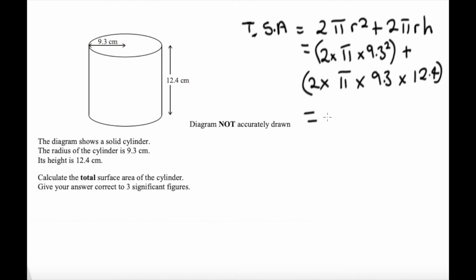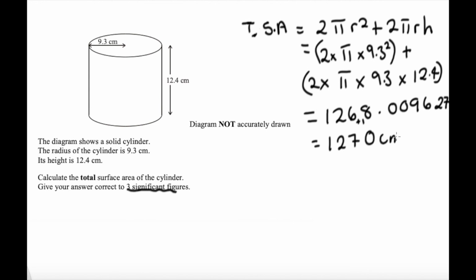So we put this into the calculator, which will give us 1268.009627. Remember, it says round it to 3 significant figures. So we count 1, 2, 3. After 6, there's an 8 there, and 8 is more than 5. So we have to add a 1 to 6. So our answer there would be 1270 centimeter squared.